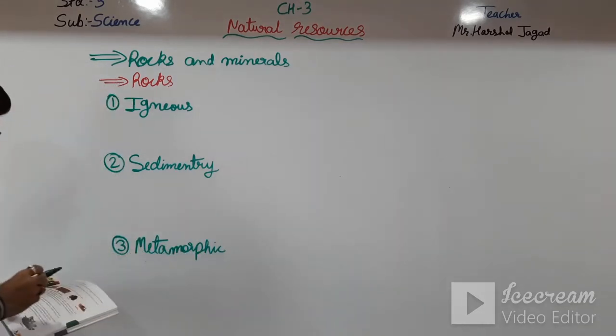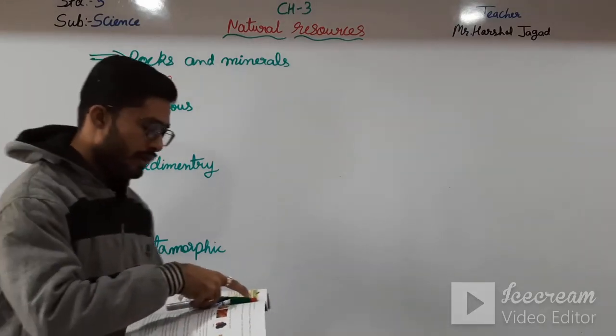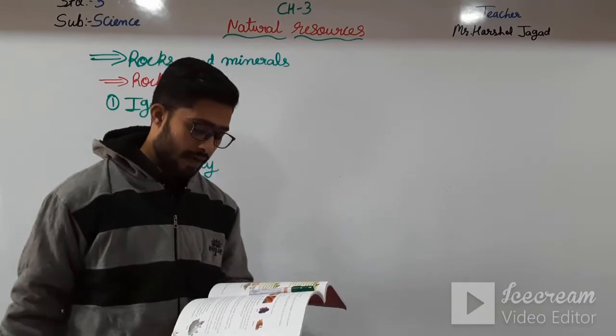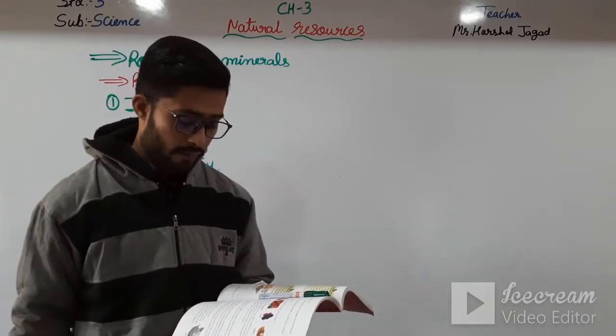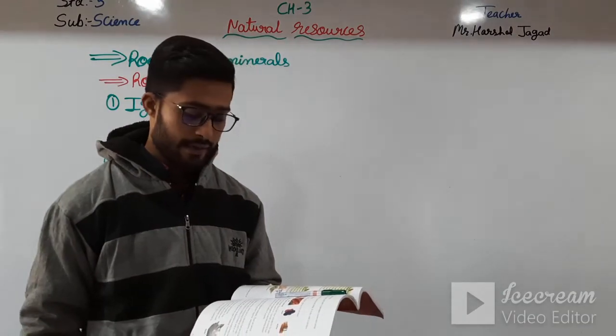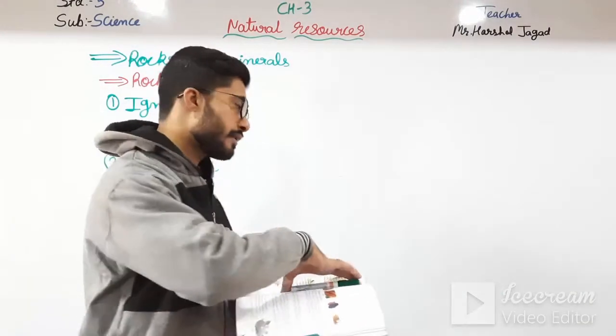So these are the three kinds of rocks. First of all, igneous rocks are formed from lava that has cooled and hardened. What are these kinds of rocks?